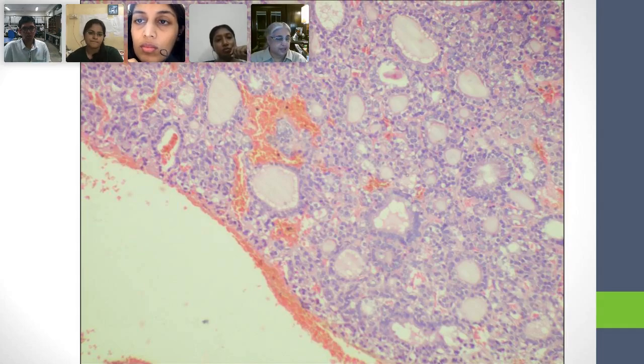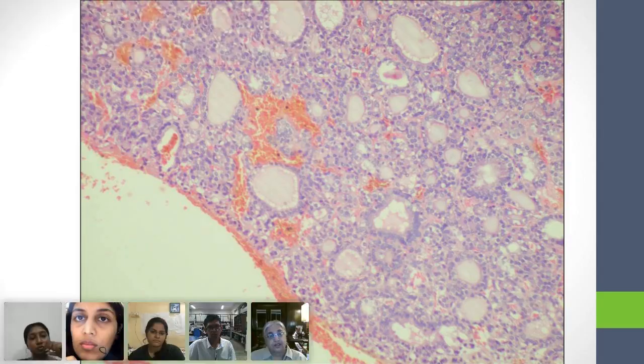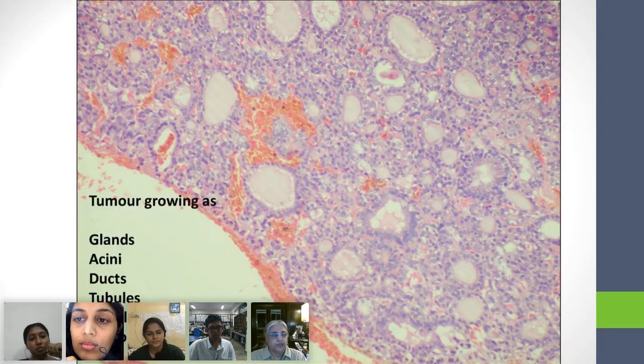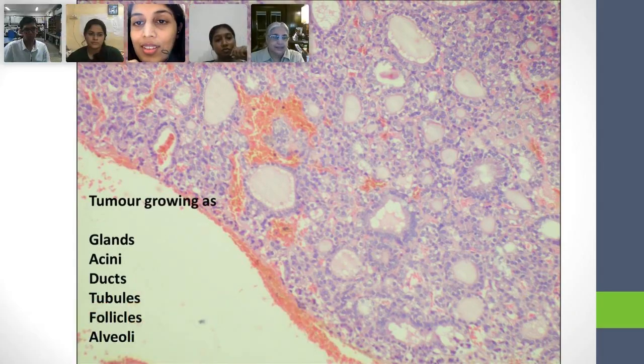So Ashish thinks it's glandular. Somebody else thinks it's glandular. That's Neelam. Somebody thinks it's tubular. And who said that it was follicular? Kshitija. Okay. So now we have to figure out whether this tumor is growing as glands, acini, ducts, tubules, follicles, or alveoli.